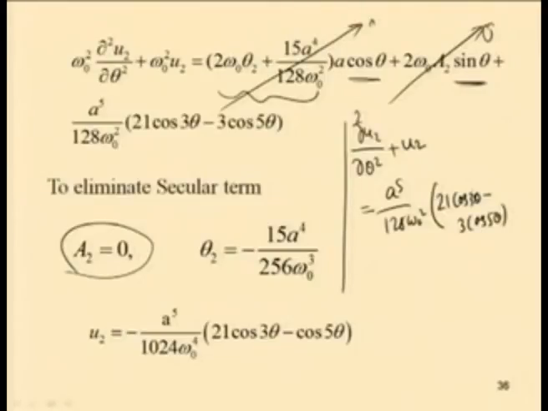So, in this case, cos 3 theta, and omega 0 square we will have.